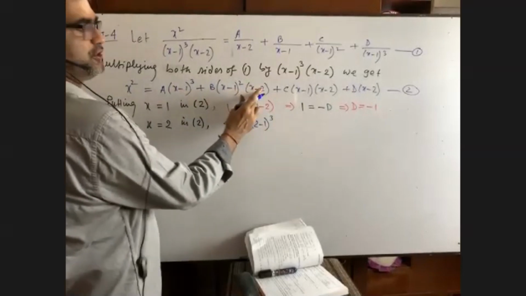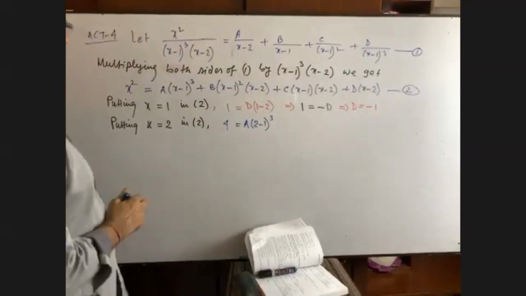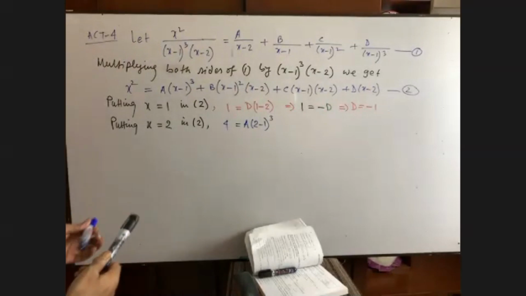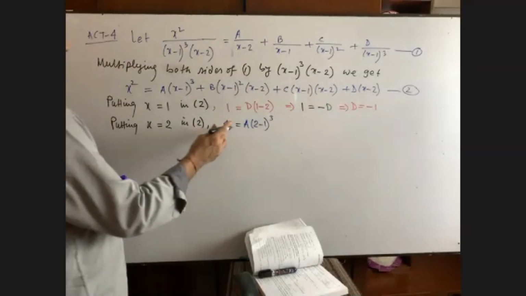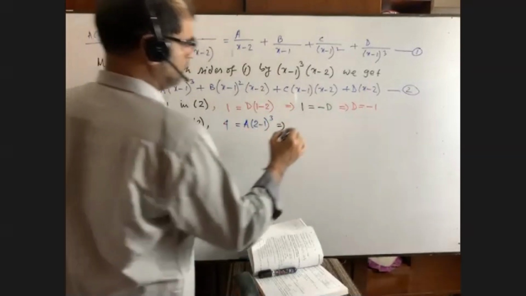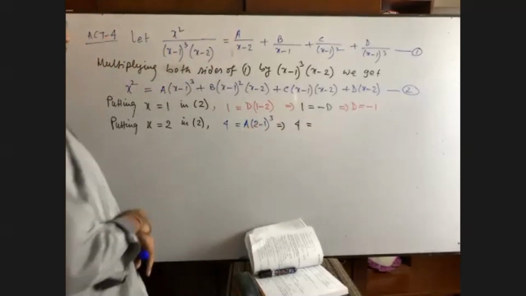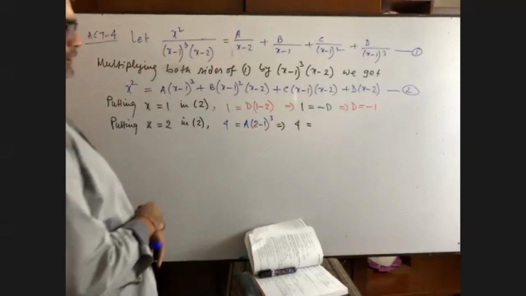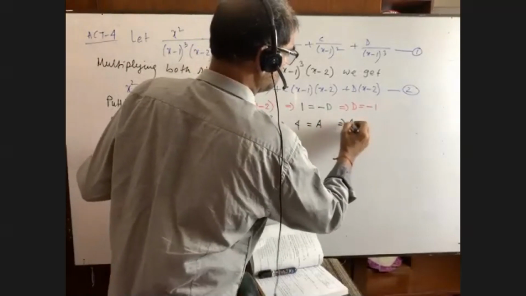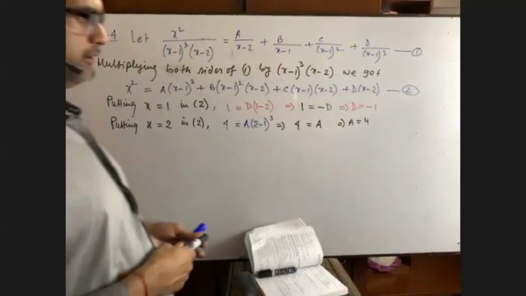Here x equals 2, this is 0, this is 0, this is 0. I am not going to take the values of B, C, D because those parts will be 0. So we are left with A into 2 minus 1 whole cube. It means 4 is equal to A into 1 whole cube, which equals 1. So A into 1, that is A, equals 4, right? Is it okay to all?